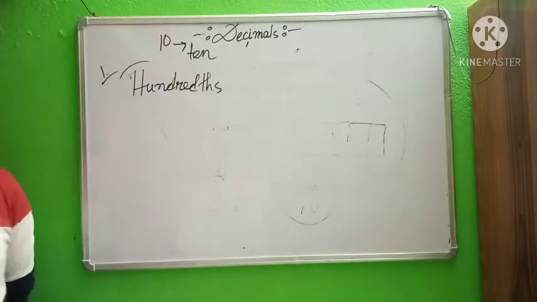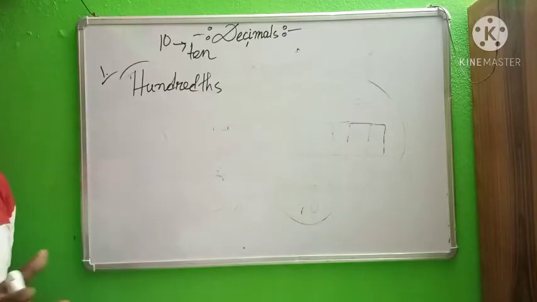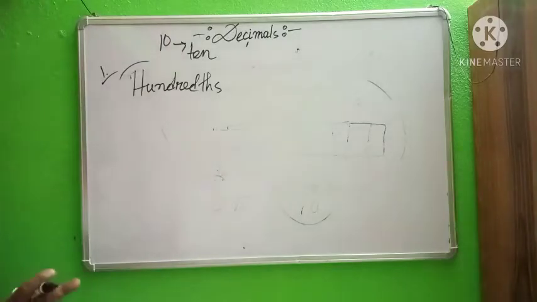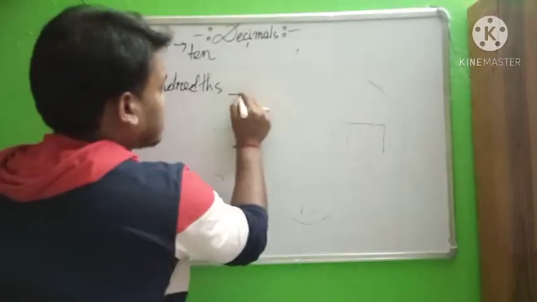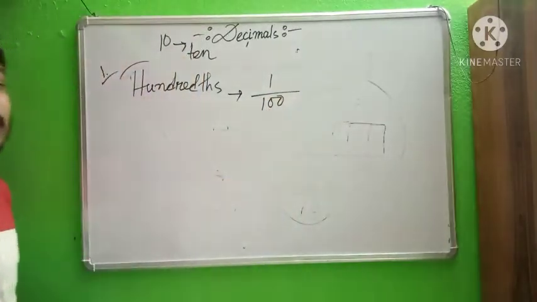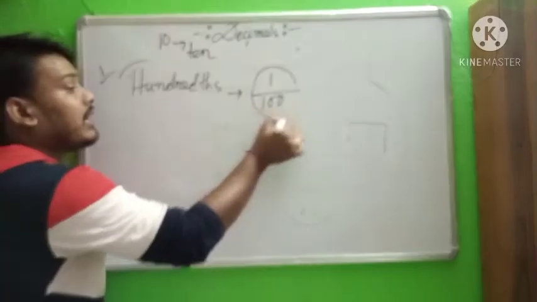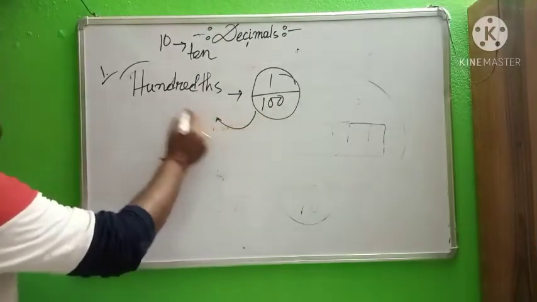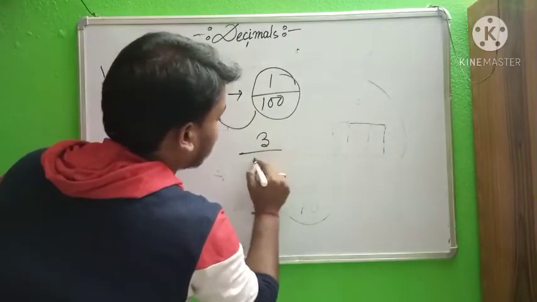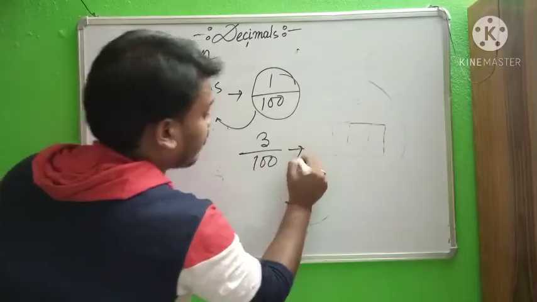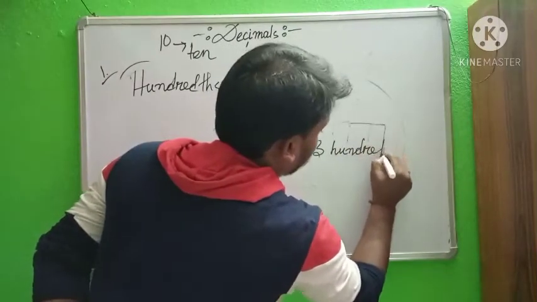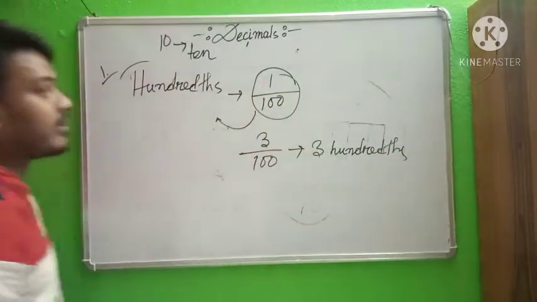When we divide a whole into 100 equal parts, each part is called a hundredth. That means 1 part out of 100 is 1 by 100, and this 1 by 100 is called a hundredth. If the value is 3 by 100, then it is called three hundredths.